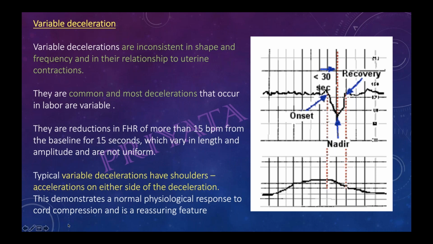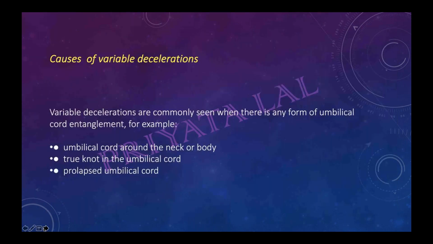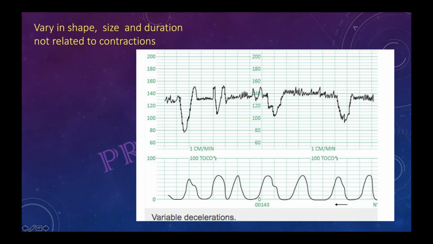Is it clear now? Now see again: this is the start of contraction and this is the dip. If we draw a line here, it will be less than 30 seconds. Fine. But that much calculation will not be required when we do interpretation of CTG. We will be doing so many CTGs, so you will not have that problem.